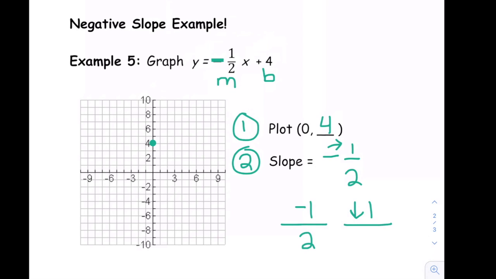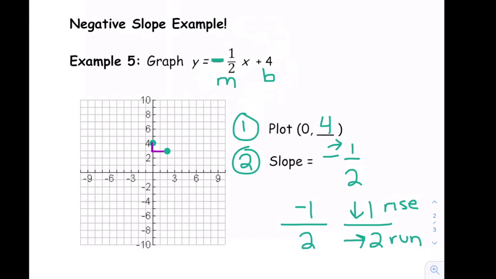On the bottom, I still have just a positive 2, so I'm still moving right 2. So my rise is actually a drop of 1, and my run is right 2. Down 1, right 2. That's how I get to my next point.